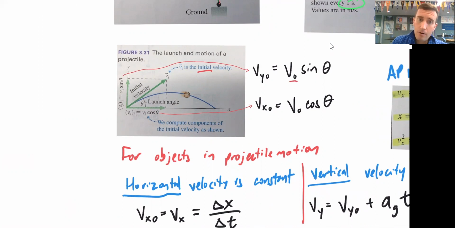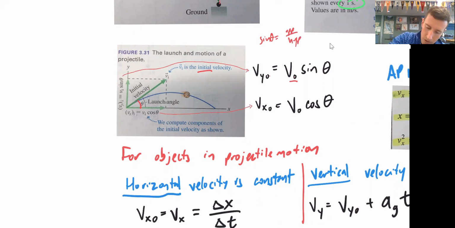In both cases, though, we start with this launch angle right there. That's theta. And then the vertical component is going to be v sub y 0, and that's going to be equal to v sub 0 sine of theta. And the horizontal component, v sub x 0, would be v sub 0 cosine of theta. Again, that's just based off of trig functions, because sine of theta equals opposite over hypotenuse.